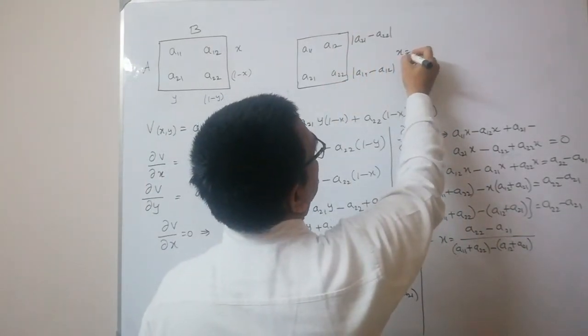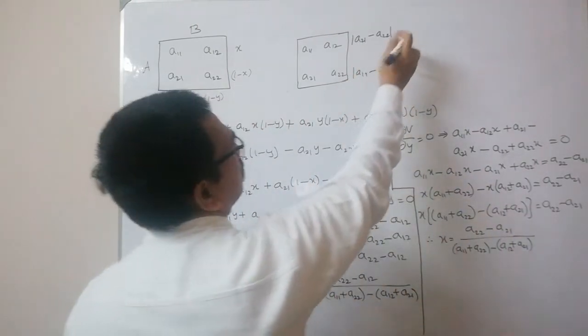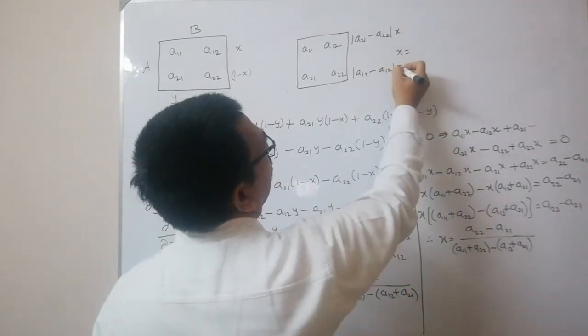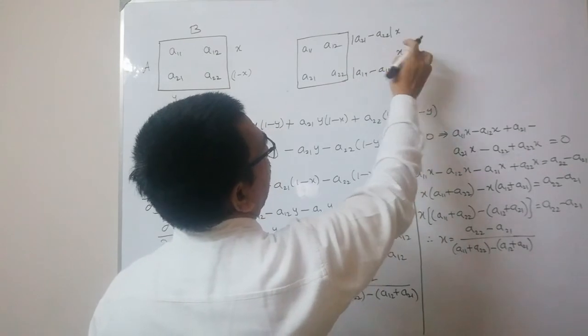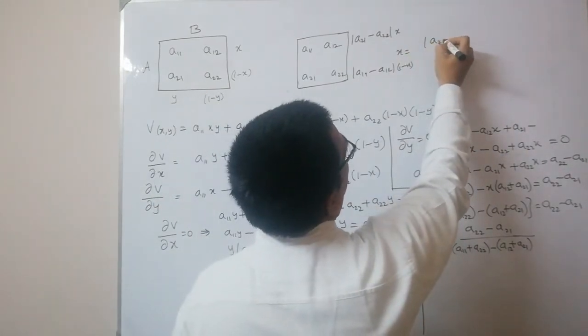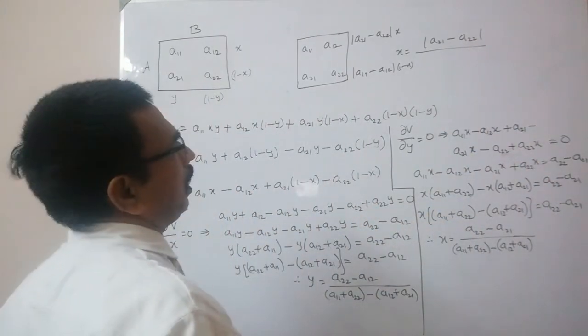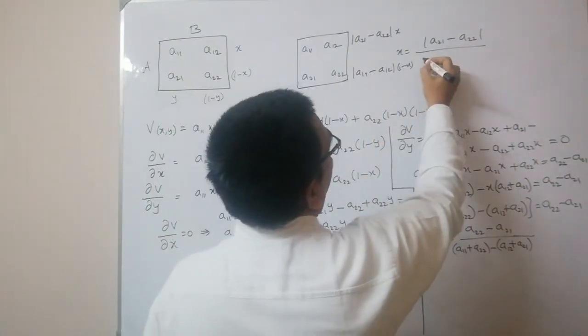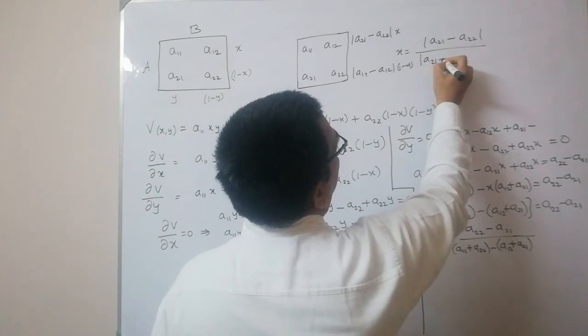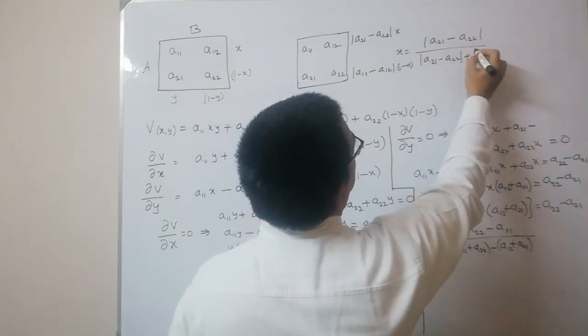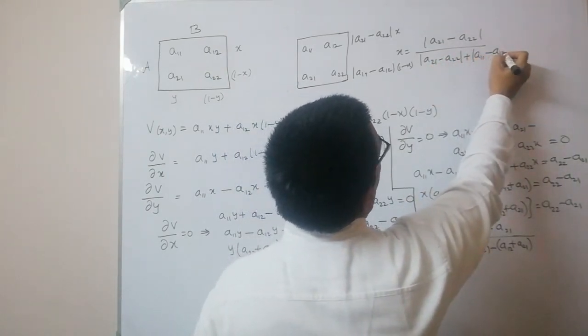For x it is this, as this is x and this is 1 minus x. So for x it is mod A21 minus A22 by mod A21 minus A22 plus mod A11 minus A12.